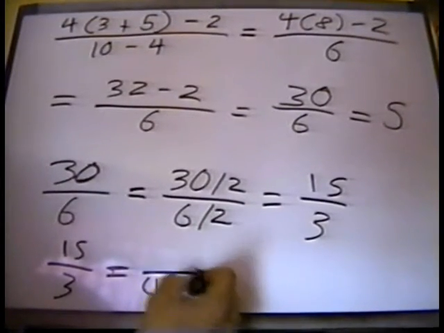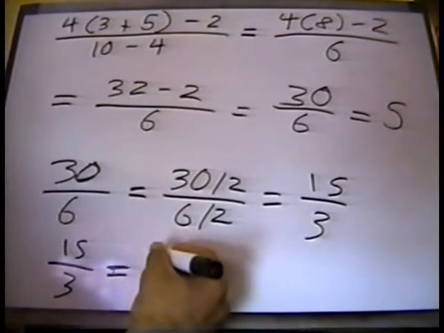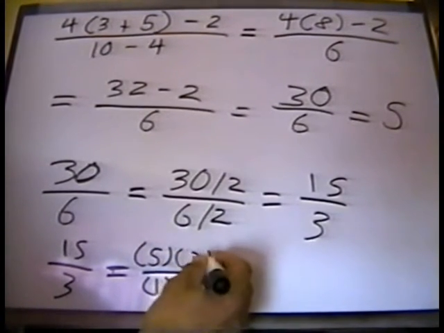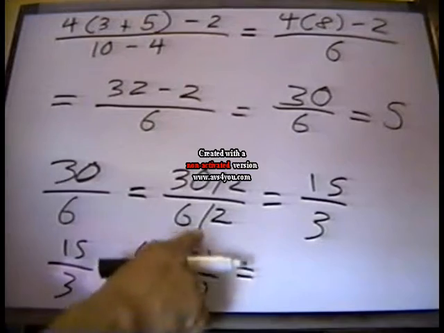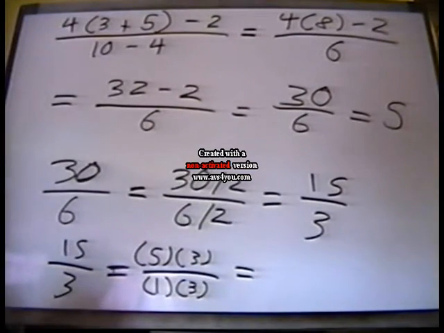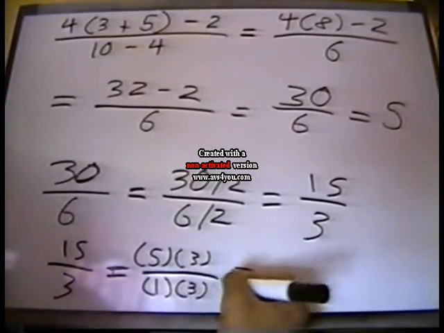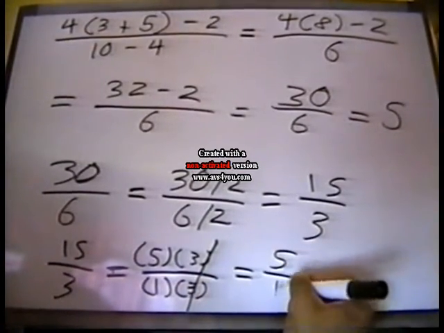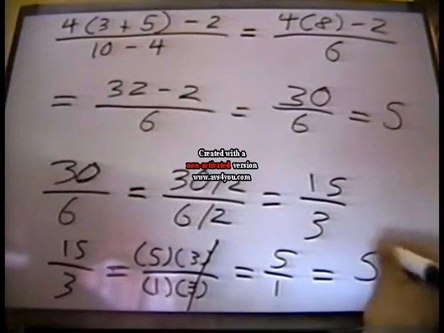Three equals 1 times 3. 15 equals 5 times 3. Right? Now, 3 divided by 3 equals 1, or you can say it cancels out. You get 5 over 1. That's our 5.